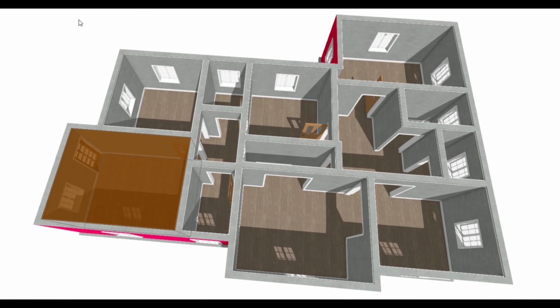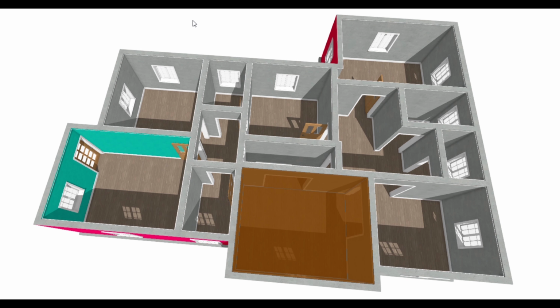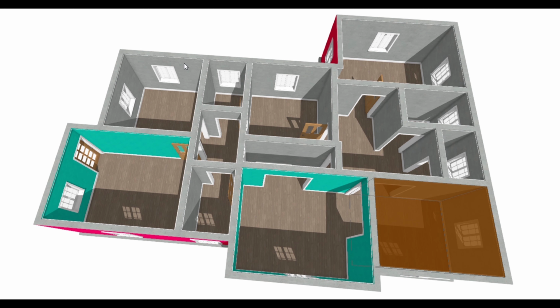So now I will be coloring the rooms and building space to whatever color I wish to use, and you can use any color of your desire. Any color you want to use, you can use to do your building design.